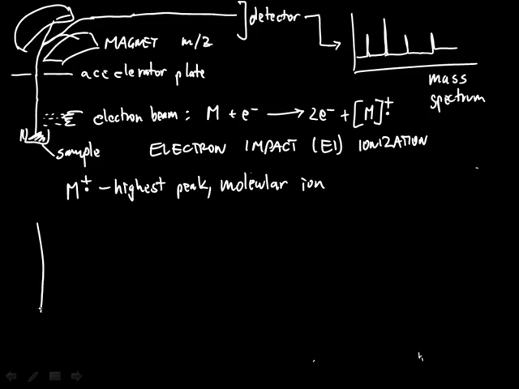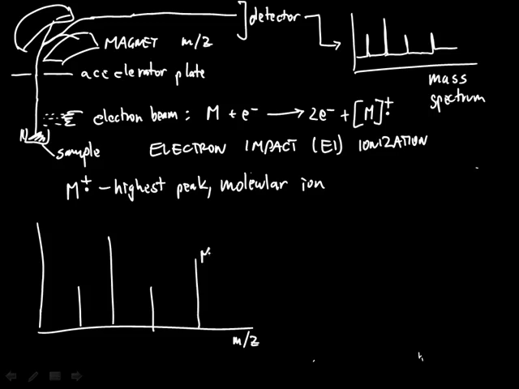If we draw out the mass spectrum, then this x-axis would be m/z value in Daltons, and we would see a number of peaks at different m/z values. The one at the highest m/z value is typically our molecular ion. However, the molecular ion does not necessarily have to be the most intense peak. Okay, in this case, it's not.